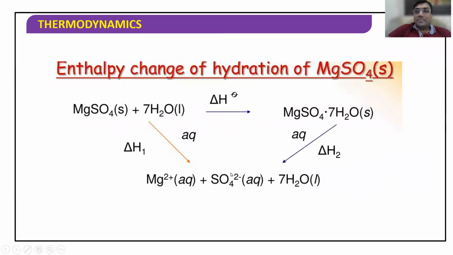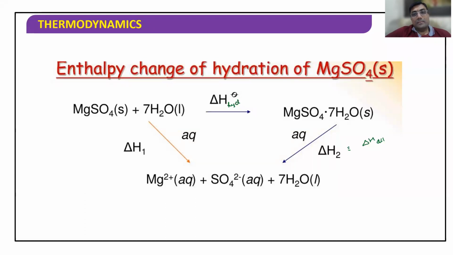Now listen, very interesting. What is this step called? Enthalpy of hydration. Very good, it's a hydration step. What is this step called? Enthalpy of dilution. Very good. What is this step called? This is hydration.